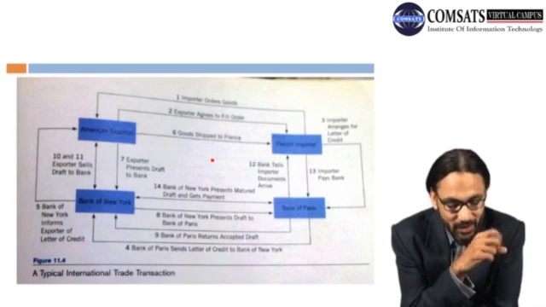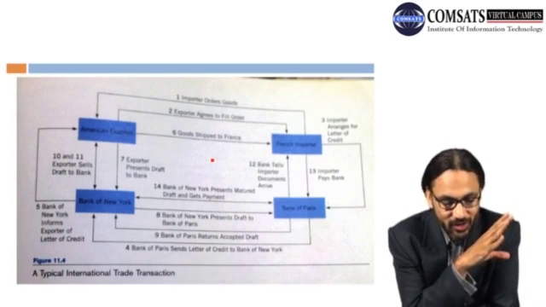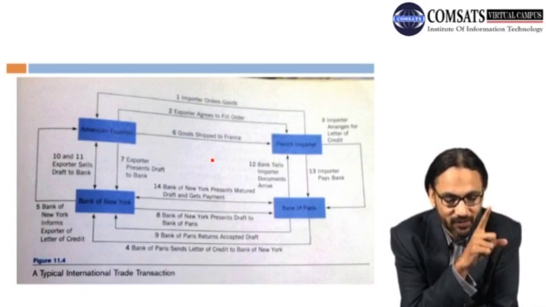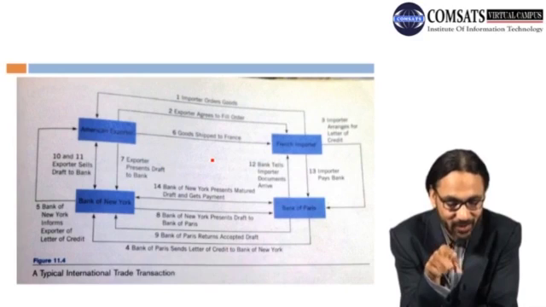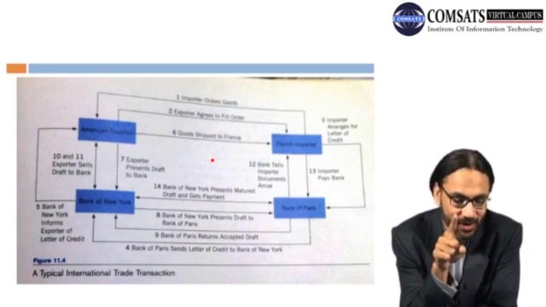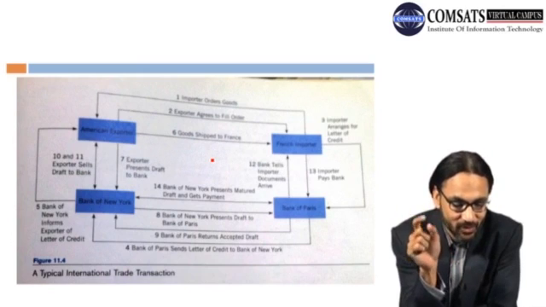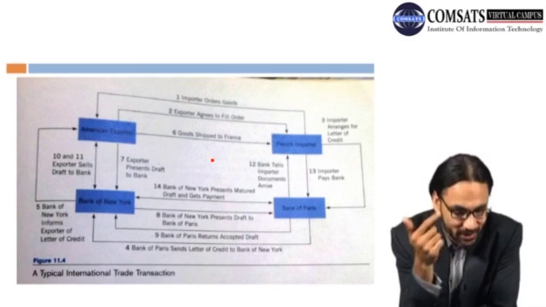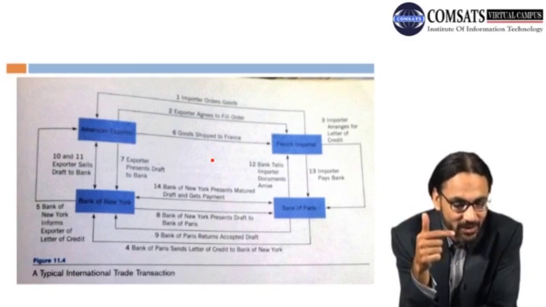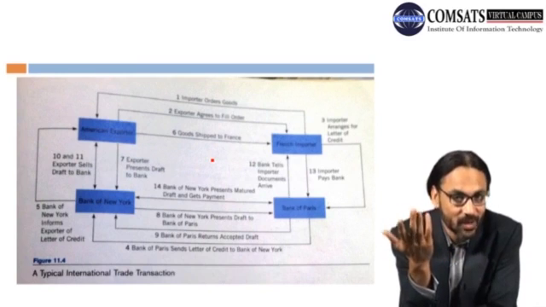Okay, a typical international trade transaction. There are several steps involved in it. The first one is that the importer orders the goods, as we can see at the top of the line, the first point. The French importer orders, and then there is the American one. In the next line, the exporter agrees to fill the order.